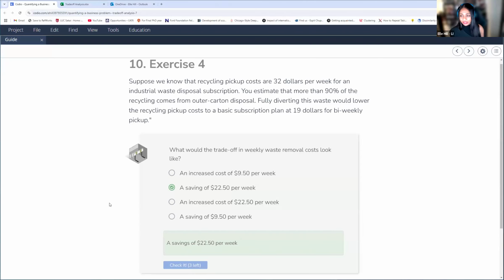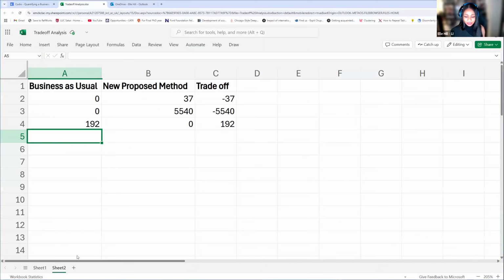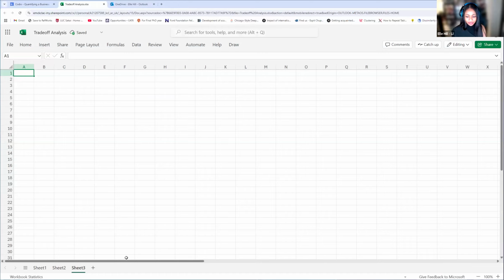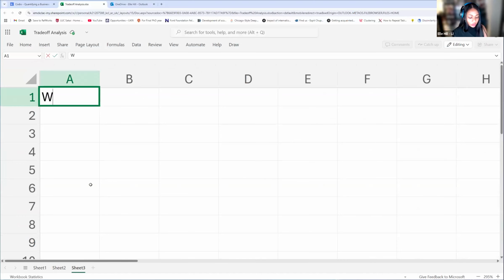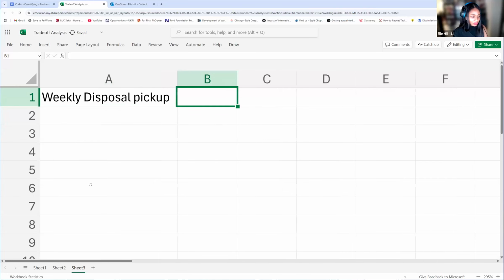So prepare yourselves. First, I'm going to put this on a new screen, completely new. It deserves its own screen. Super zoom. So our weekly disposal pickup cost is $32 a week.